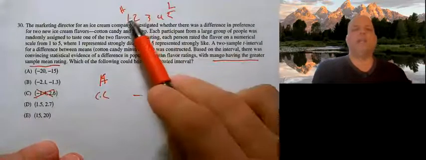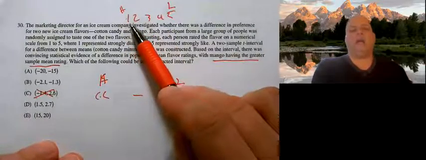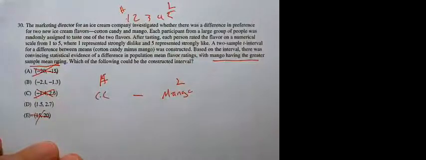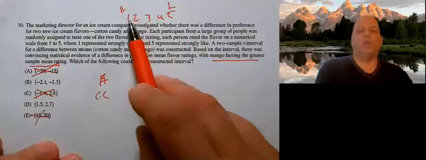First off, my rating scales. I can only have an average between 1 and 5. So any value greater than these values is impossible. So that gets rid of this and this. All right, because we're talking about a mean. So the average value has to be between 1 and 5.